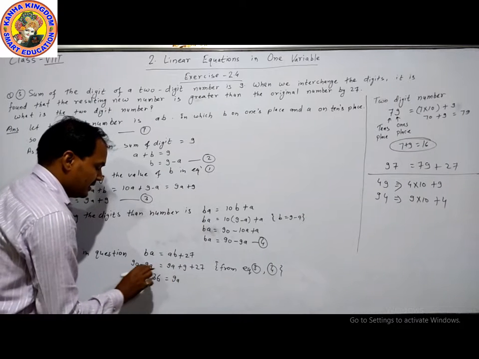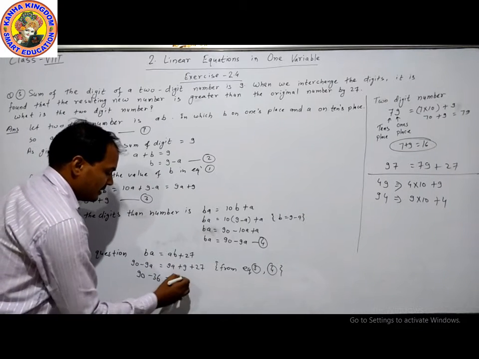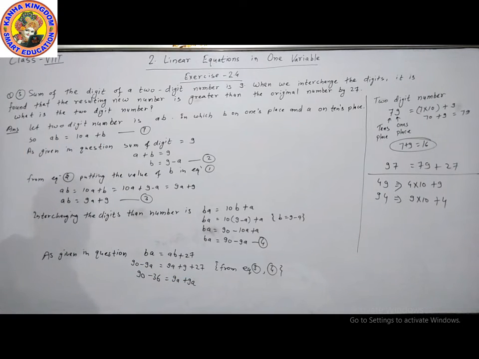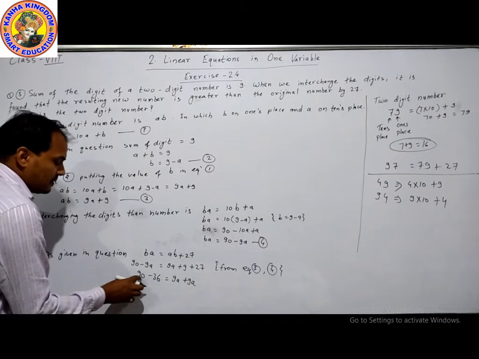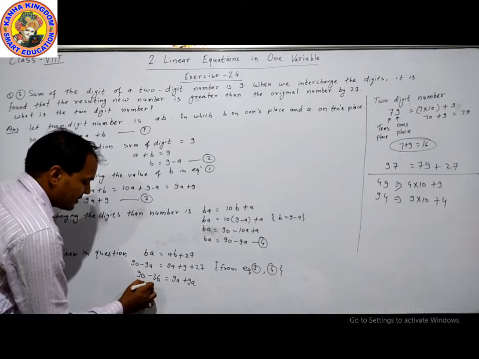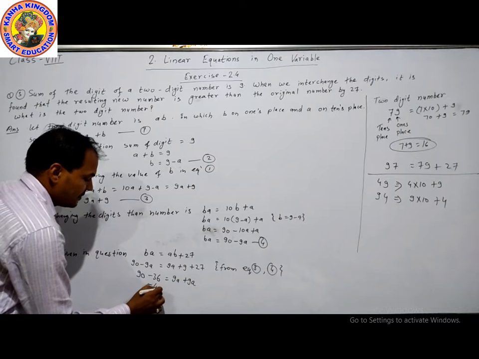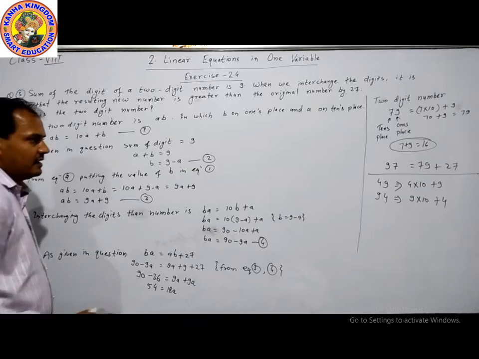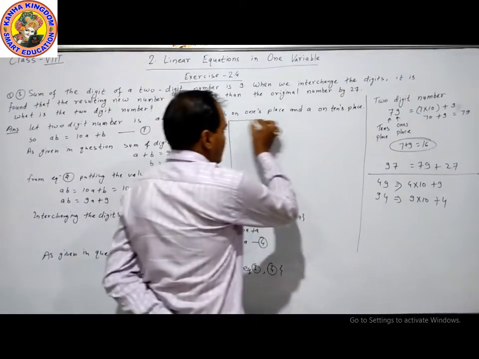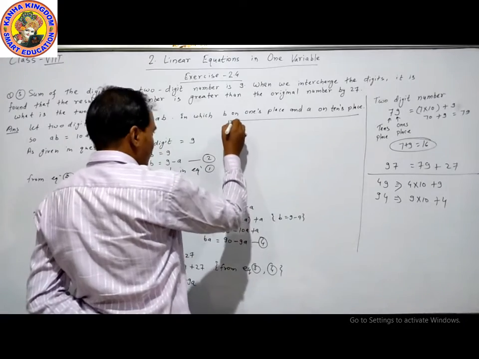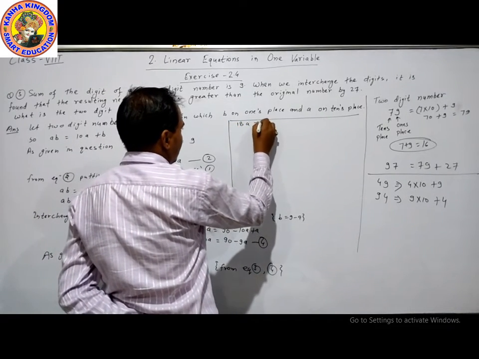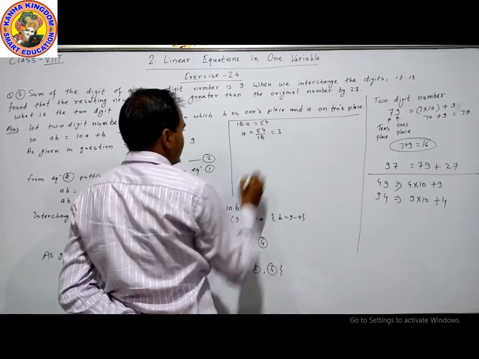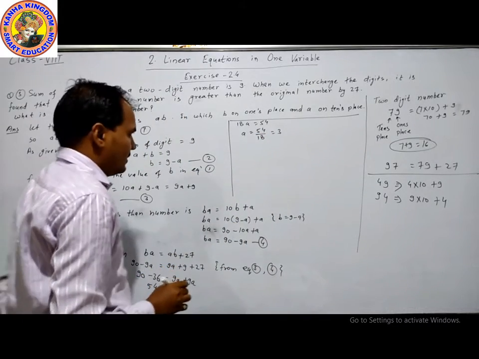Here is 9A; when transposing 9A, this is negative so it becomes positive. 90 minus 36, the answer is 54. 18A is equal to 54. A is equal to 54 by 18. The answer is 3. A is equal to 3.